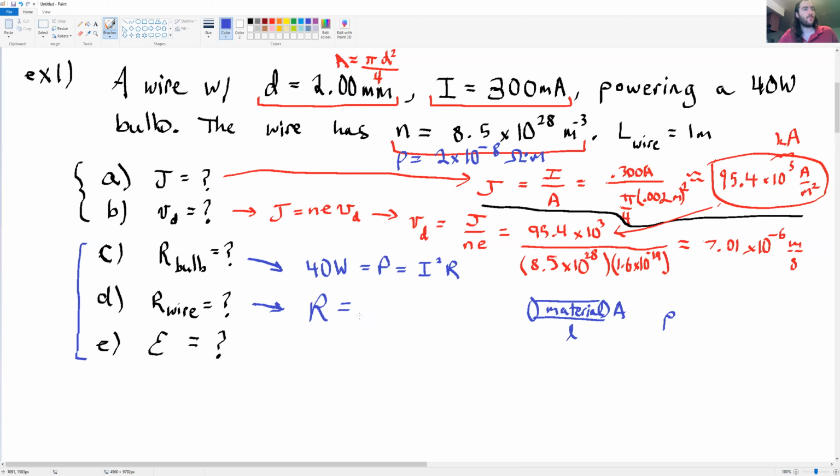The resistance of this wire, it's not super obvious, but remember how we came up with it? We started with an expression like the electric field is proportional to the current density, and the constant of proportionality we call the conductivity, or 1 over the resistivity.